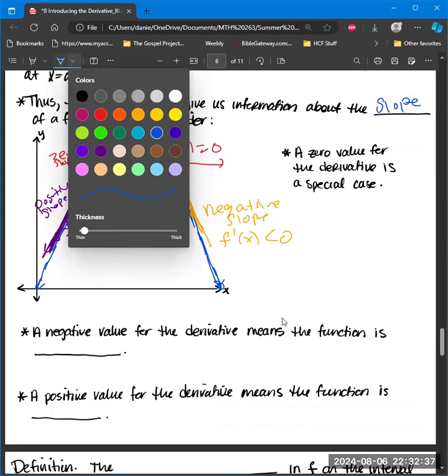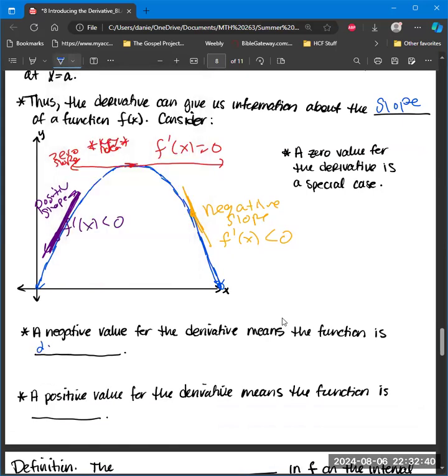So a negative value for the derivative means that the function is decreasing, like our orange tangent line. So call this B. We'll call this point here A. We'll call this point here C. So f prime of B is negative.